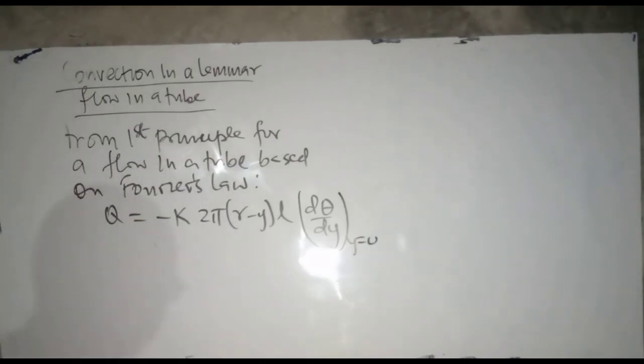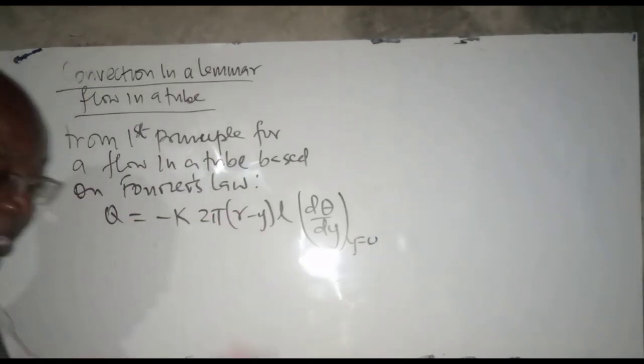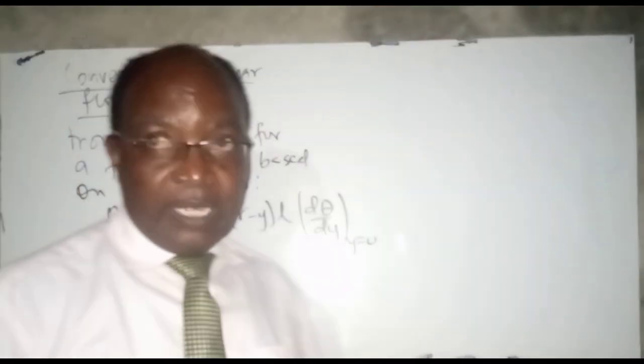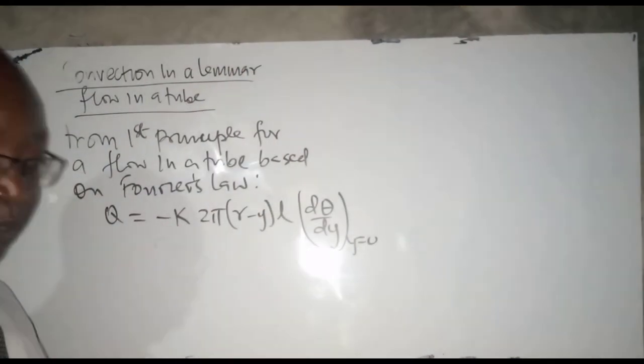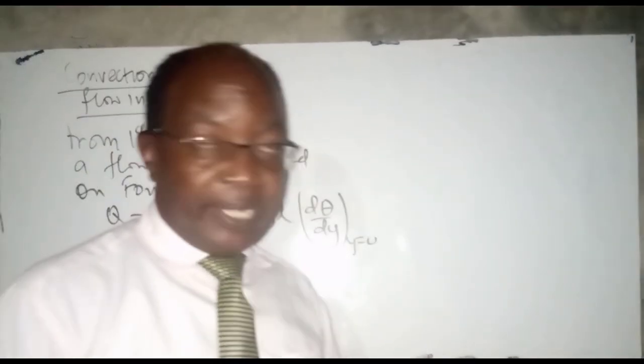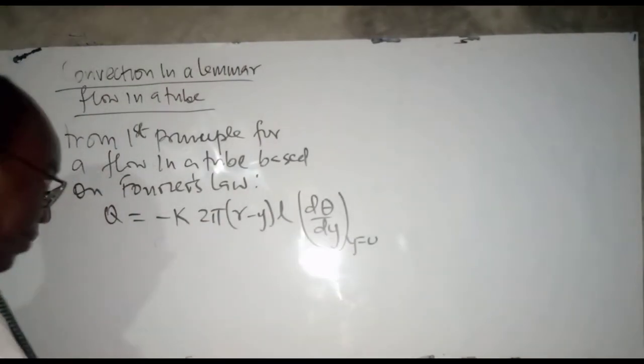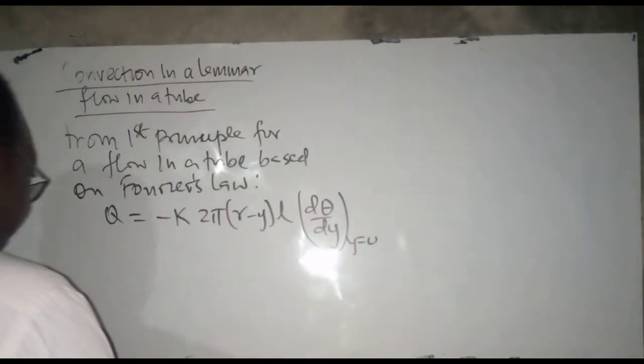That's the expression I got. And this has to do with the radii in that particular tube. And K, as you know, is thermal conductivity. Theta is our temperature there.